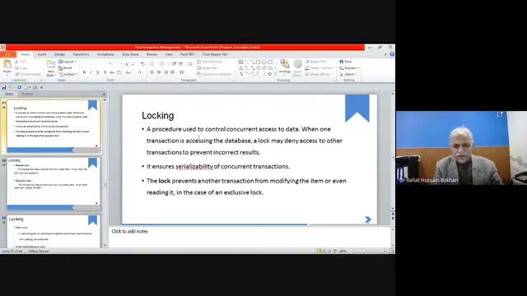The lock prevents another transaction from modifying the item, or even reading it in the case of an exclusive lock. The lock may be exclusive or shared, and in that manner it prevents other transactions from modifying the data.